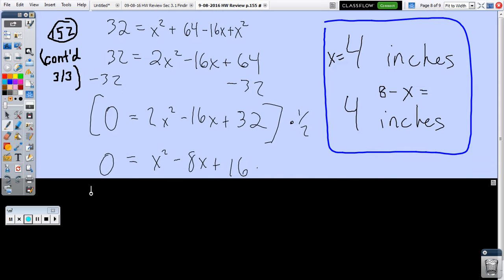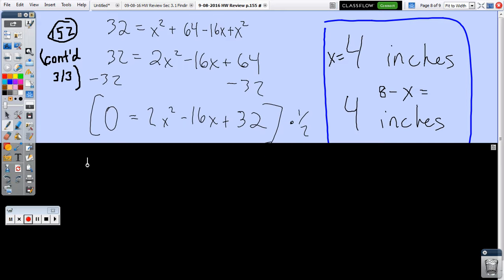I'd have x squared minus 8x plus 16. And in fact, it probably is even easier to see that I may be able to factor this doing short AC. Again, I could have gone right into the quadratic formula using this. We can do that.